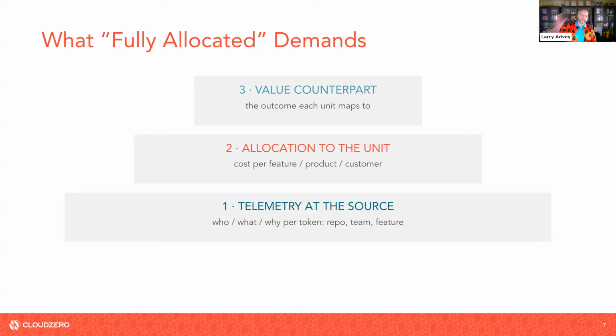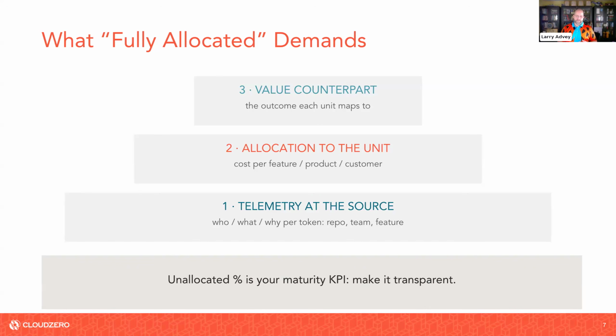So you have to fully allocate. Again, FinOps 101, it's all about allocation at the end of the day, allocation, granularity. So leaning into what is your unallocated percent across the board within this information. So what's your unallocated percent by repo, by team, by feature?